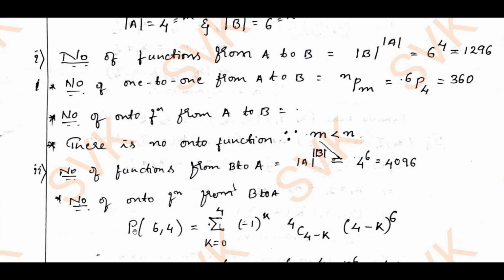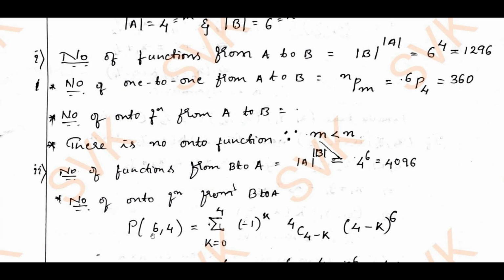The standard formula is given by P(n, m) equal to summation k equal to 0 to m minus 1, (-1)^k mCm-k (m minus k) whole power n. That is the standard formula.